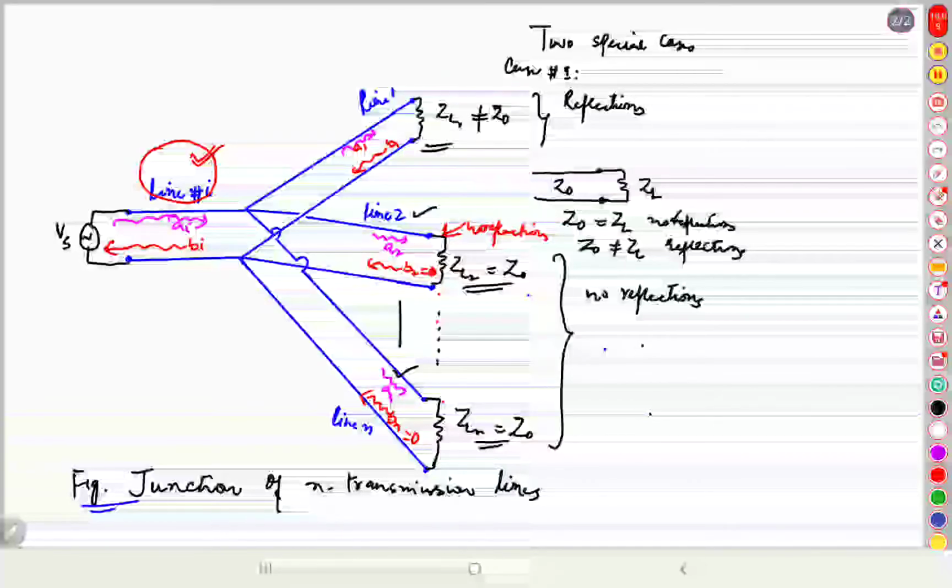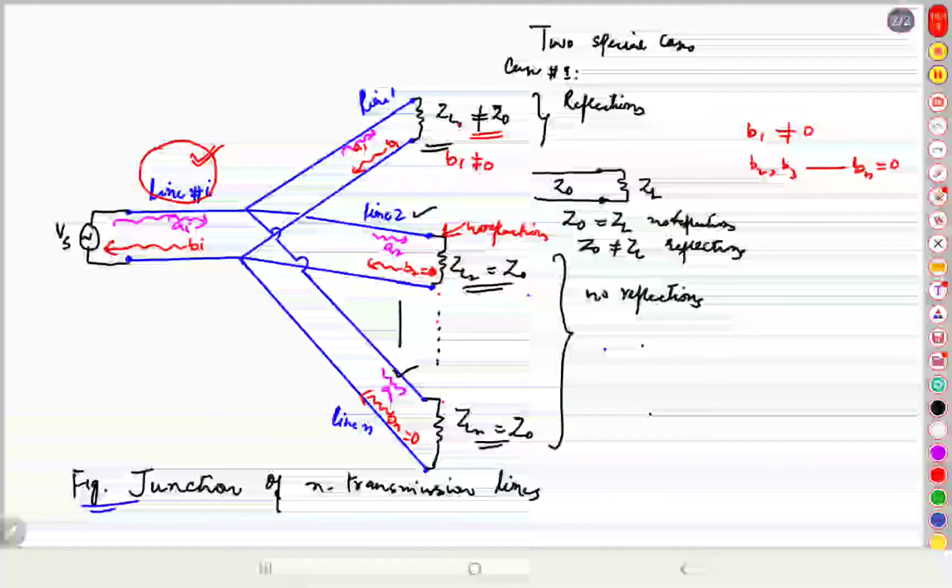B1, the first line, is terminated at a load which is not equal to characteristic impedance, so B1 would not be equal to 0. In a nutshell, in this special case, B1 is not equal to 0, and the rest, B2, B3, up to Bn, are equal to 0, as they are terminated at characteristic impedances.